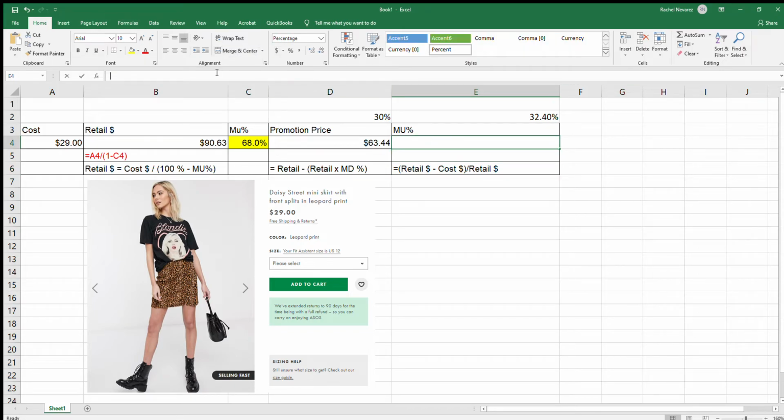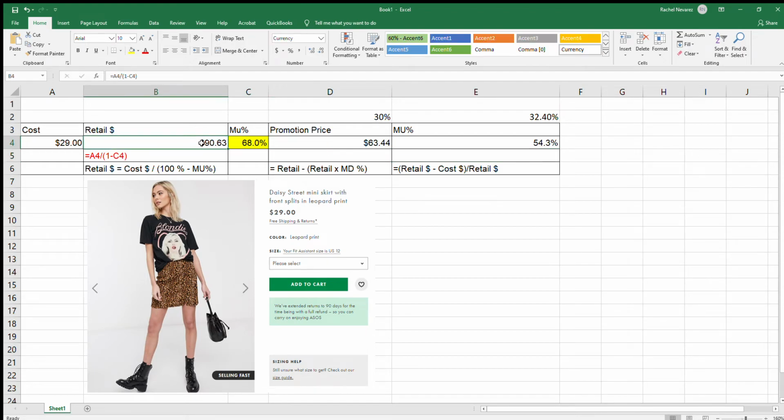So our markup percentage is going to equal our retail price minus our cost, divided by our retail price. And I have a 54.3% markup. So at $29 cost, at a $90 retail, I'm hitting on my markups.